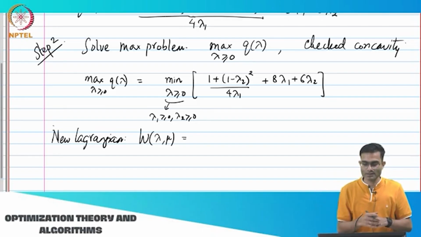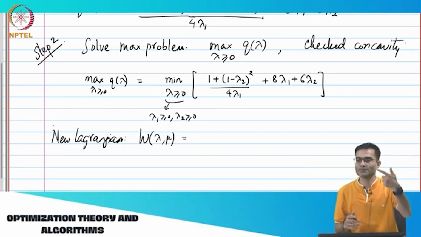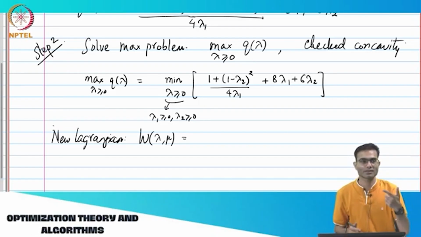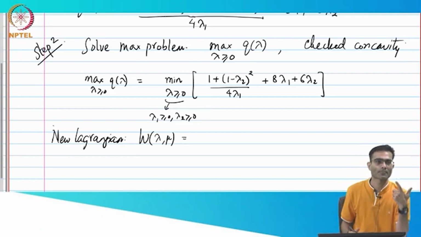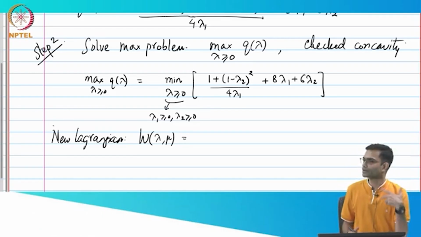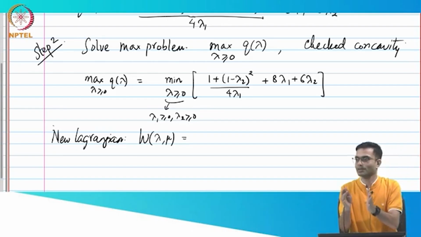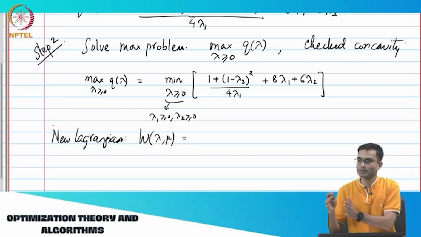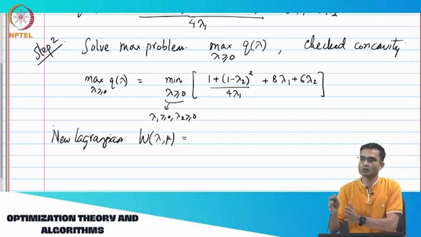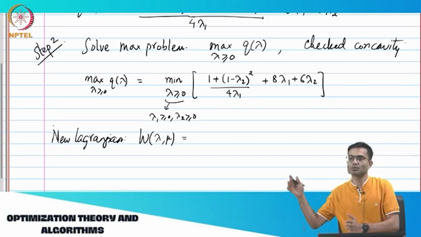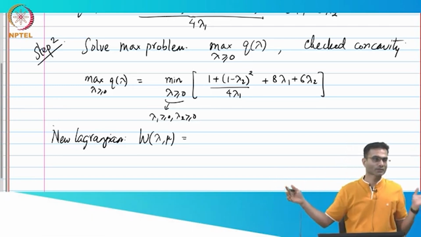What are the constraints in this problem? If I write in terms of C of lambda, what are the constraints? C1 of lambda is lambda 1. C2 of lambda is lambda 2, right? So I'm going to write this whole expression, this is my f, minus mu 1 lambda 1 minus mu 2 lambda 2. This is the Lagrangian of the new problem, right?